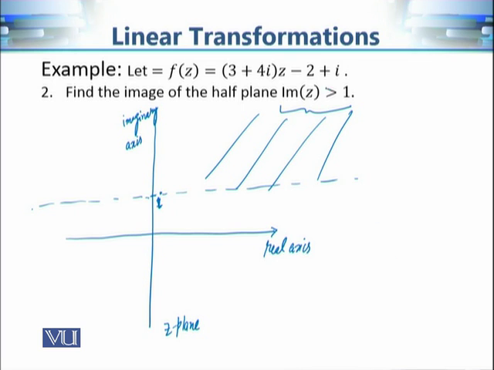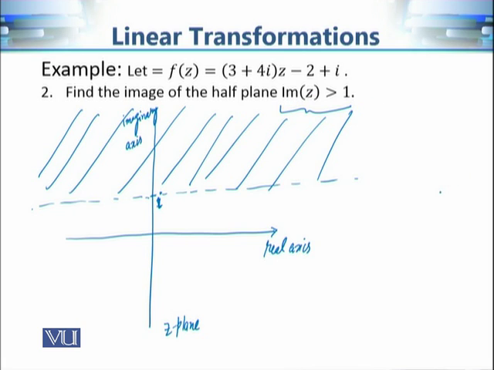And since it is strictly greater than 1, the points on this line will not be included. As we can see, this is a half plane, not a full plane. That's why the imaginary part of z strictly greater than 1 is a half plane.